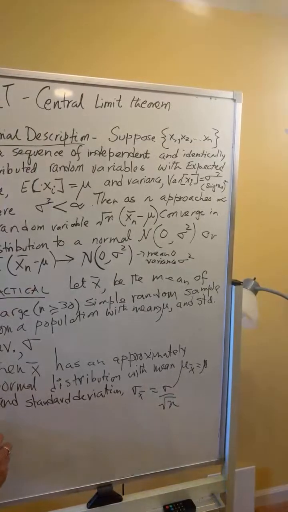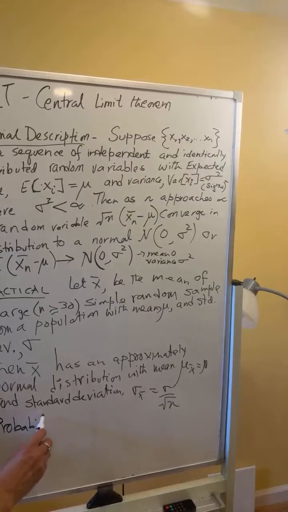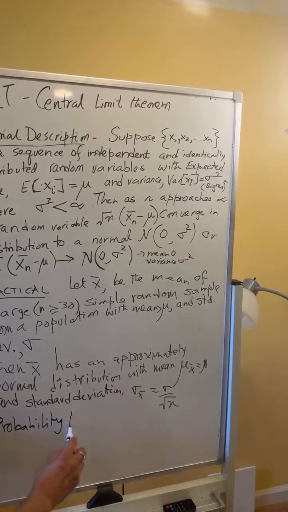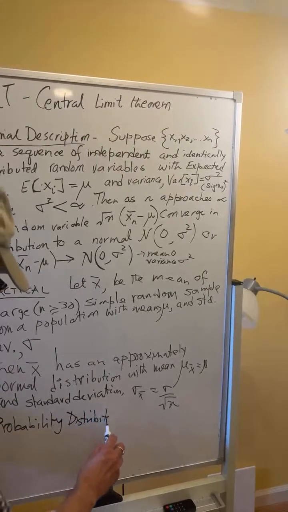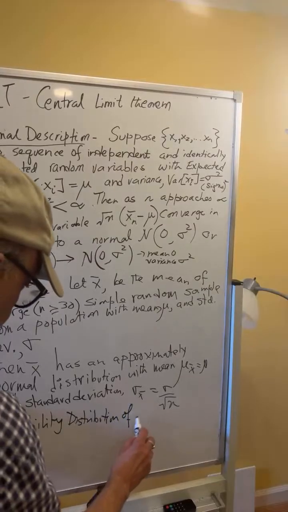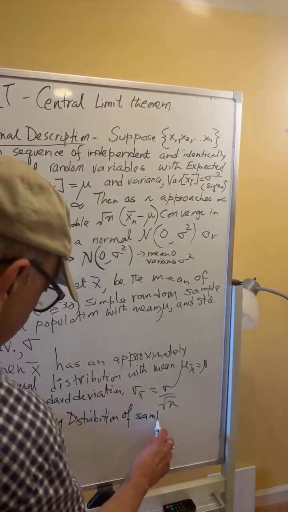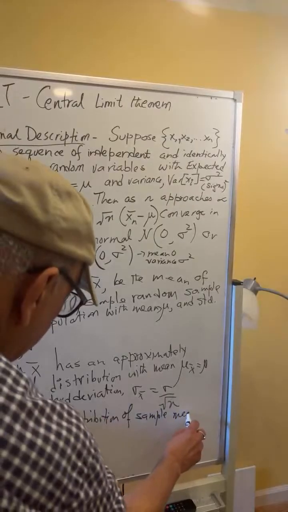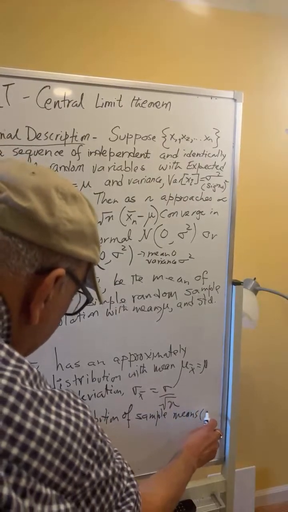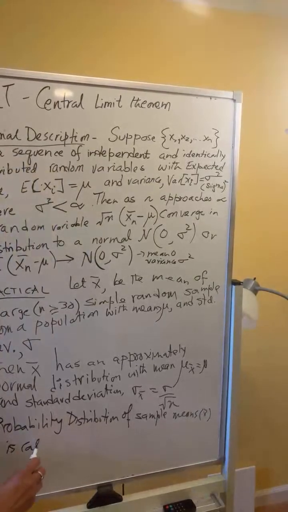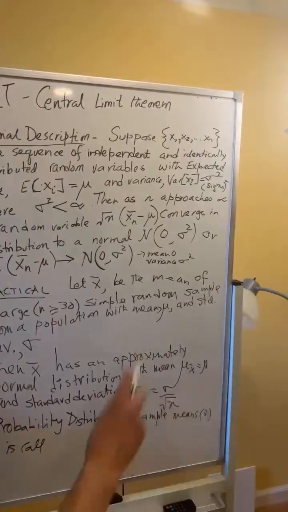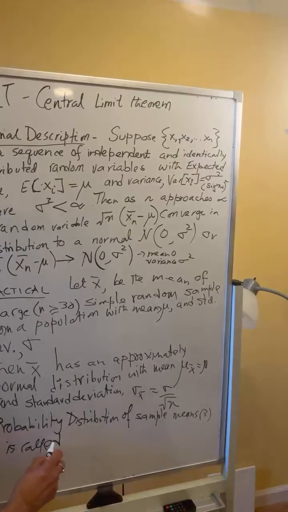Okay, so the probability distribution of sample means, or X bar, is called the sampling distribution, because the sample means are obtained from different samples from the population.